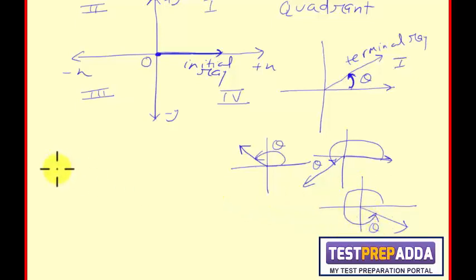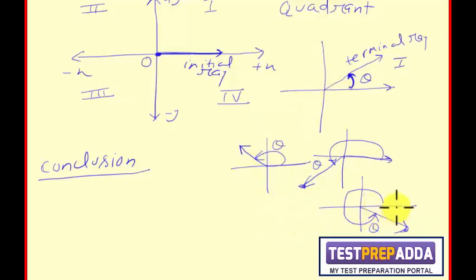So what is the conclusion? The angle will be in the first, second, third, or fourth quadrant depending upon the position of the terminal ray, and we always move in the anti-clockwise direction.